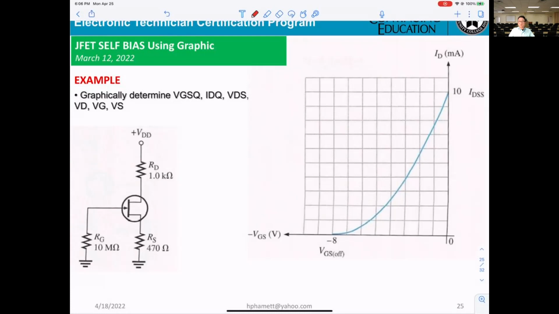Okay, so first thing, can you calculate for me the Q point?